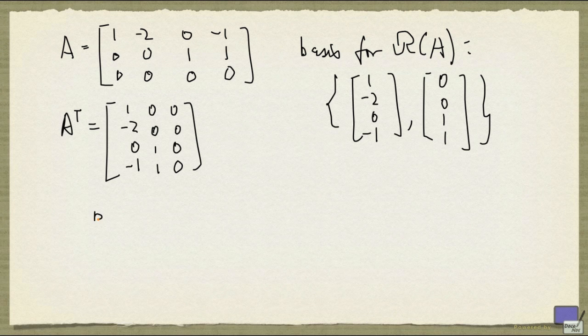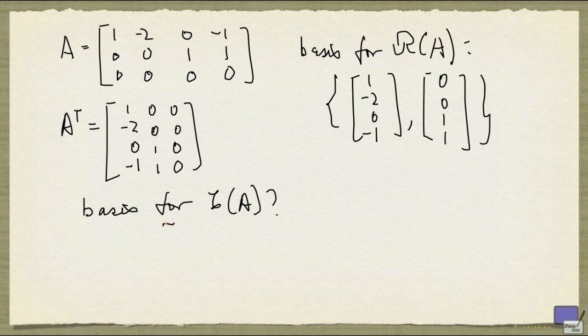Now let's find a basis for the column space of A. First, notice that the second column is minus 2 times the first column, and the fourth column is simply minus 1 times the first column plus the third column. So I can write both the second column and the fourth column of A as a linear combination of the first column and the third column of A. And so we don't need the second column and the fourth column in order to span the column space of A. But now if you look at the first and third column, they are linearly independent.